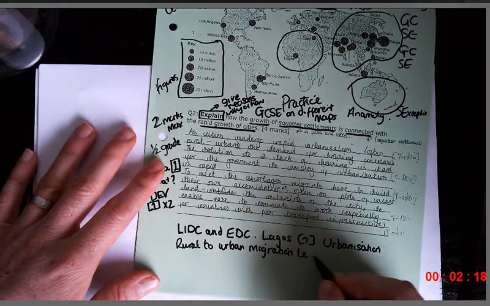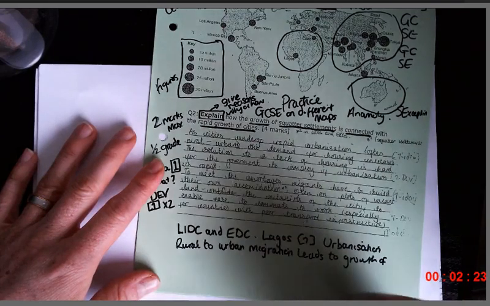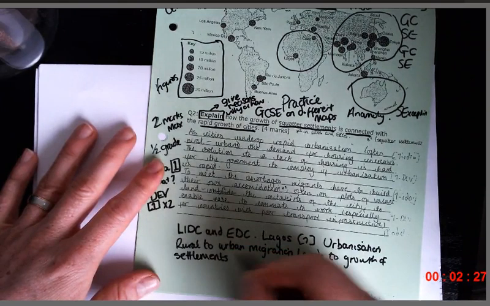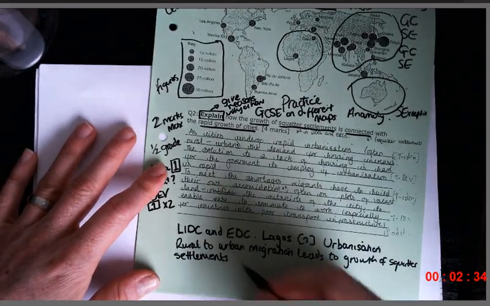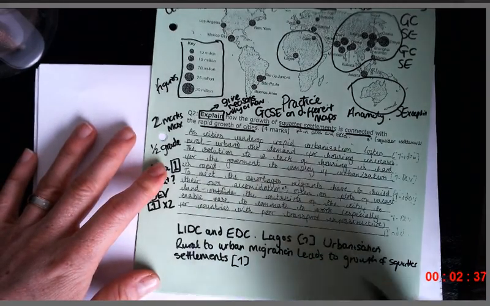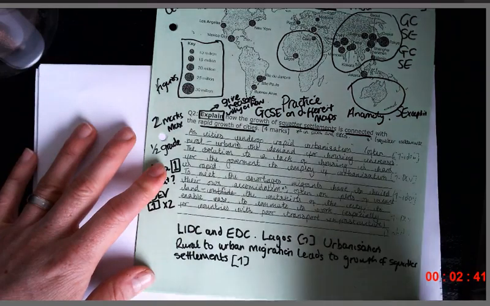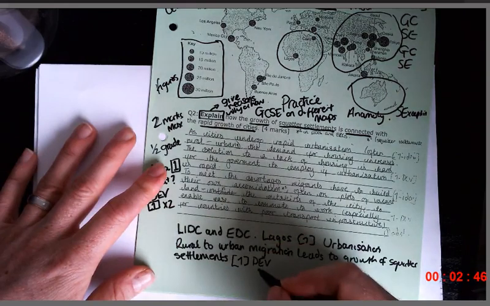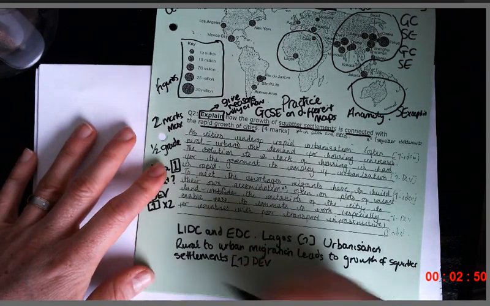Leads to growth of settlements. Remember, I'm glancing back because I didn't complete that correctly. Squatter settlements. Now that would be a 2nd mark because you are connecting it to the growth because of rural to urban migration. There is our development. Example, link it to rural urban migration, mention urbanisation, and then settlements.